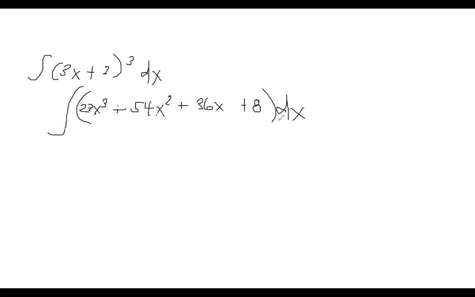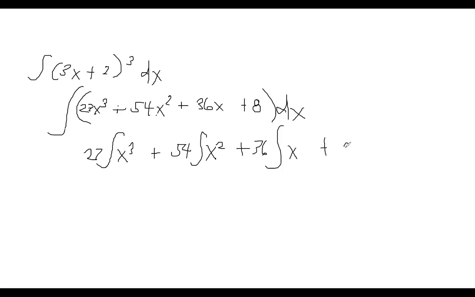Again, since we now have a simplified form, we can simply follow the properties. So we have 27 x cubed plus, we have 54, take out 54 out of the integral symbol, then x squared, plus 36 x, then plus 8 dx. So that's simply 27 times x to the power of 4 over 4.